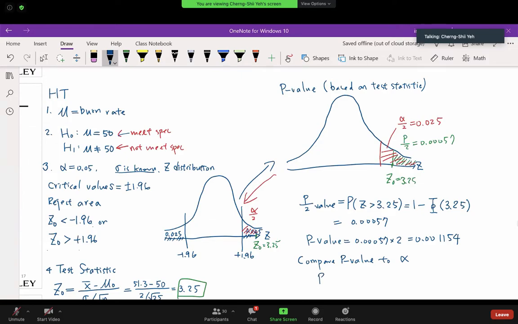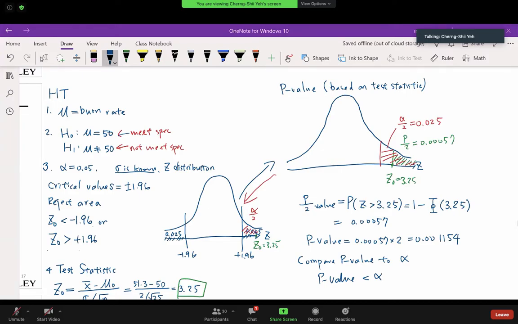My p-value is less than alpha. Okay? P-value less than alpha means my z-test statistic is located outside the confidence interval. That's the only way to have my p-value less than alpha. Again, my p-value is less than alpha.